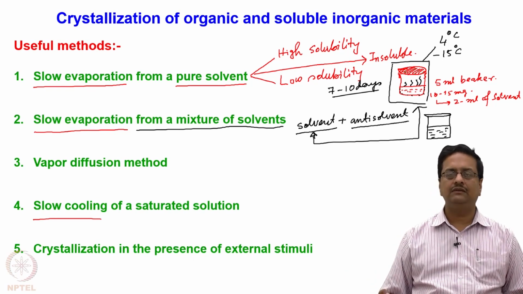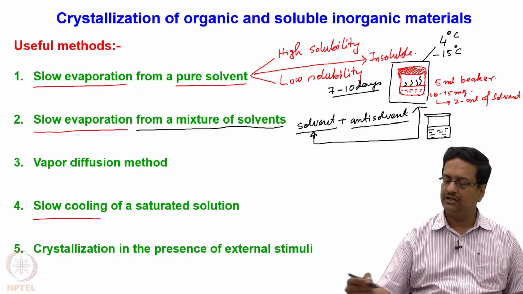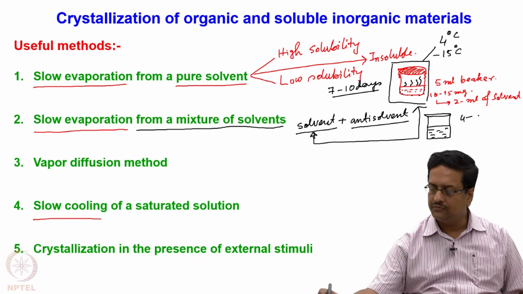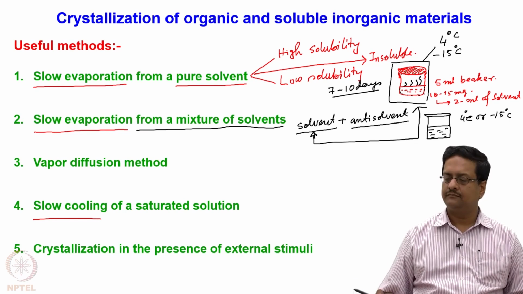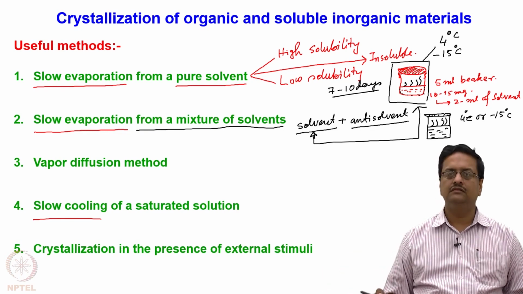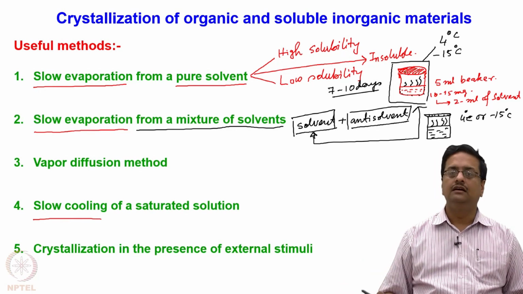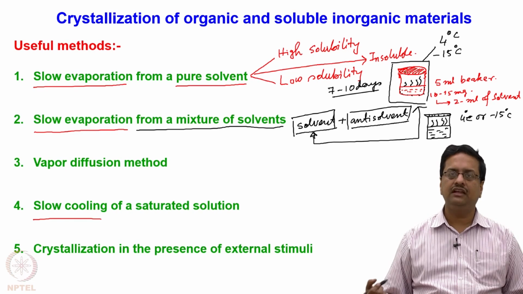Now what will happen is, when this solvent system slowly evaporates at about 4 degrees centigrade or at minus 15 degrees centigrade in a freezer, the slow evaporation process will be controlled by the rates of evaporation of the solvent and anti-solvent, and a phase equilibrium will be reached.